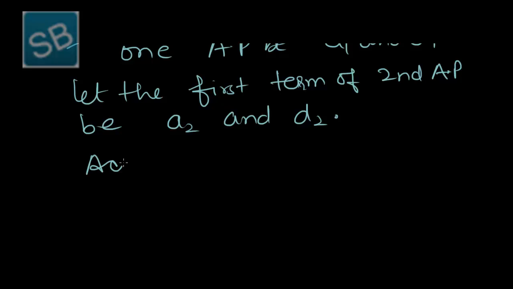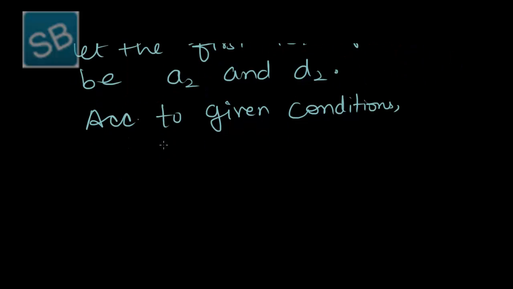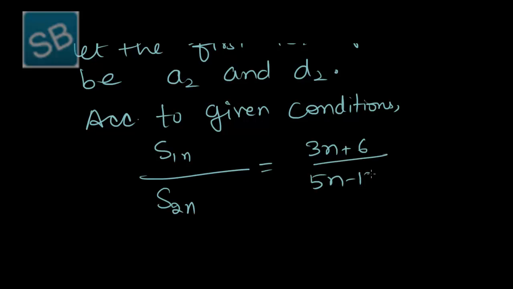Now according to the given condition, we have S1, the first series n terms, and the ratio of the second series n terms is equal to 3n plus 6 over 5n minus 13.